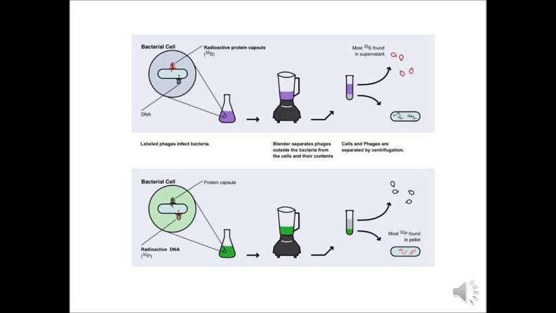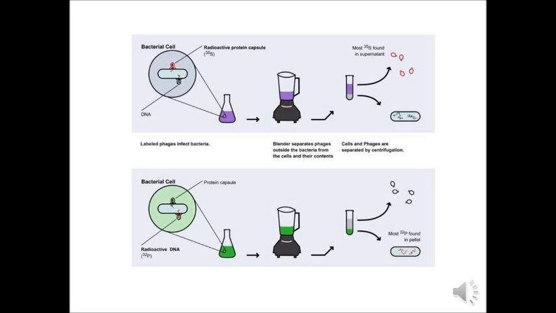At this time, they didn't really know too much about what was going on in a virus. So they said, okay, we're going to take DNA and protein and see what happens when we put a virus in a blender. Interesting stuff. Anyways, they labeled viruses into 2 groups: P32, which was associated with DNA, and S35, which was associated with protein.